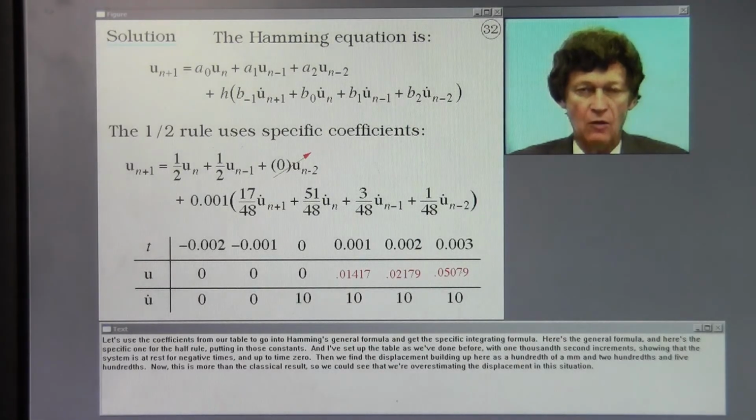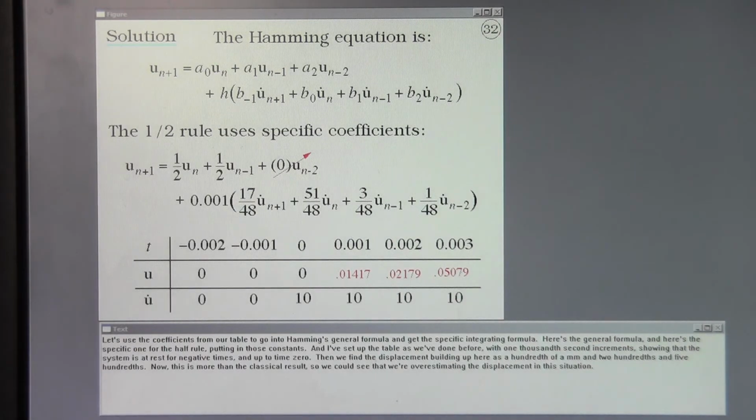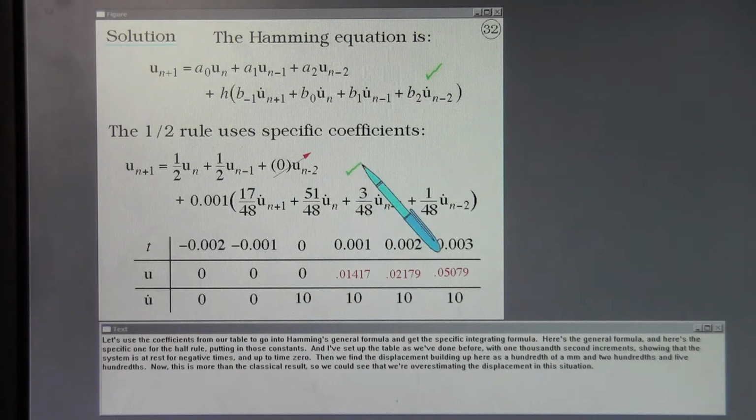Let's use the coefficients from our table to go into Hamming's general formula and get the specific integrating formula. Here's the general formula, and then here's the specific one for the half rule, putting in those constants. Then I set up the table as we've done before with 1,000th second increments, showing that the system is at rest for negative times and up to time 0.